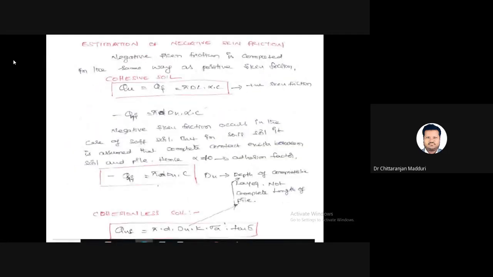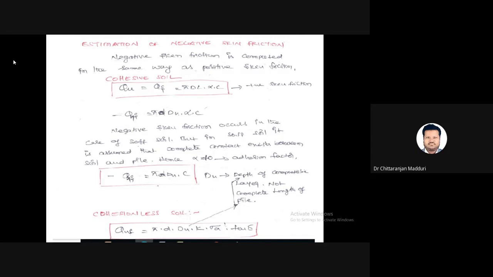Now, estimation of negative skin friction. The negative skin friction is computed in the same way as positive skin friction, but end bearing resistance is neglected. For cohesive soil, the positive skin friction is equal to pi d L alpha c. For negative skin friction, instead of L, we should take dn.